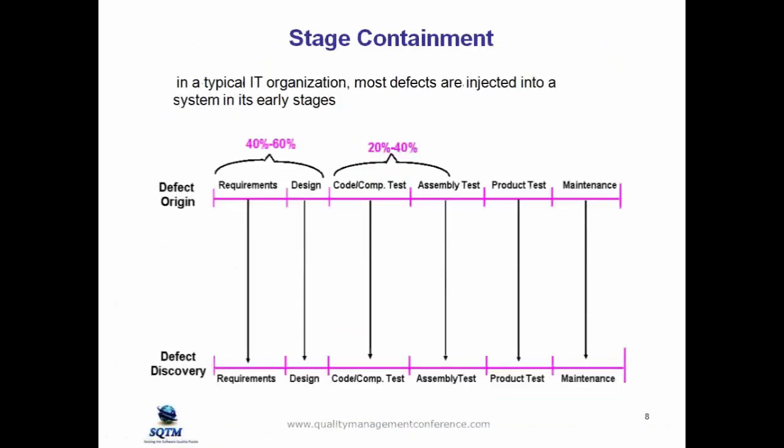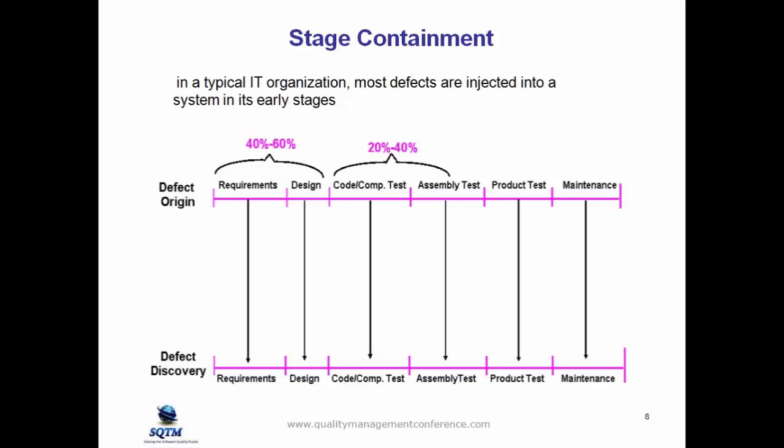Let's talk a little bit about stage containment. What this slide represents, in a typical IT organization, is two terms. The top column is called defect origin, and the bottom is called defect discovery. Defect origin is the phase of the project that the defect originated in or was injected in.